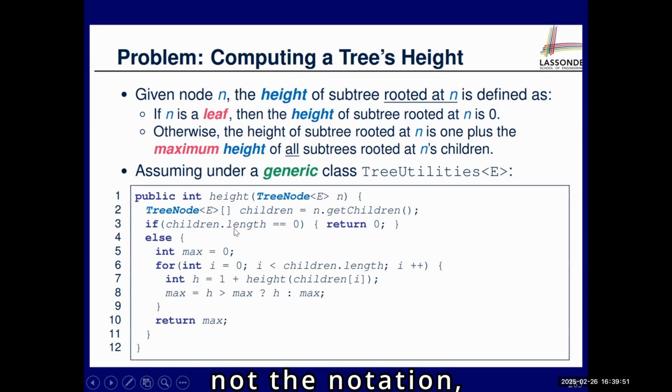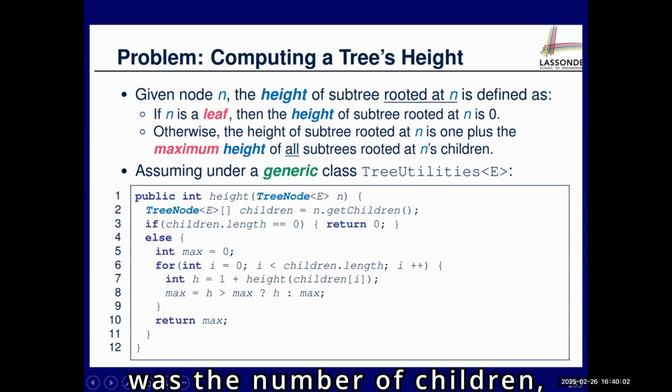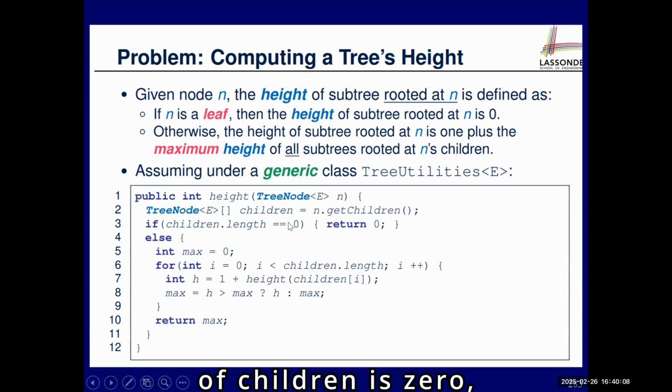That's not the notation; maybe he wrote a routine to do it. This really should be children dot NOC. Remember, NOC was the number of children. But anyway, this is somehow the number of children. And if the number of children is 0, then I'm a node with no children. I'm a leaf, right? And I can return 0.